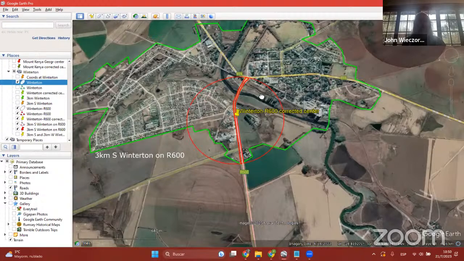For this one, it's got to be on the road in Winterton. It's that intersection. So the feature is the part of the R600 within Winterton. That's why Paula had to create that polygon for just the road and find its corrected center and then find its radial. That's the tricky bit.